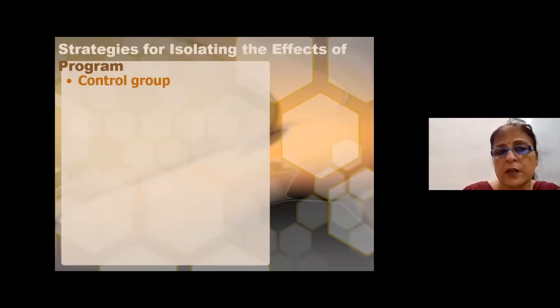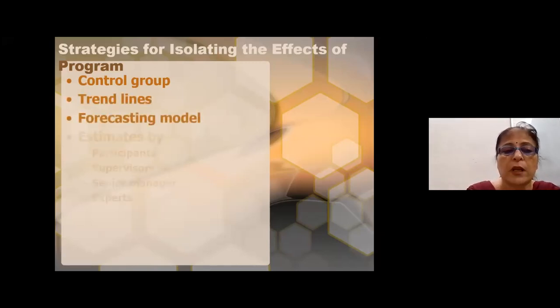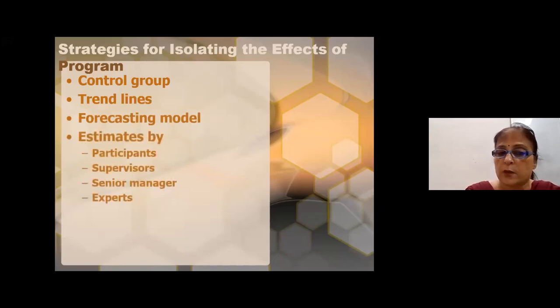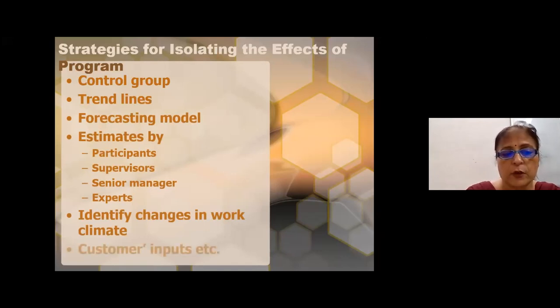And the result will help you isolate the effects of the training program. Then you have trend lines, then you have forecasting model. You can make estimates by different people, and identify changes in work climate. We will look at them one by one.